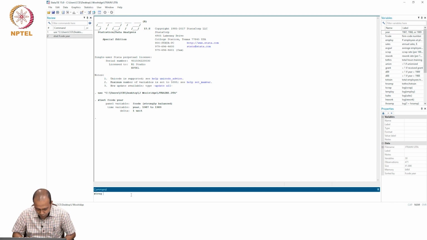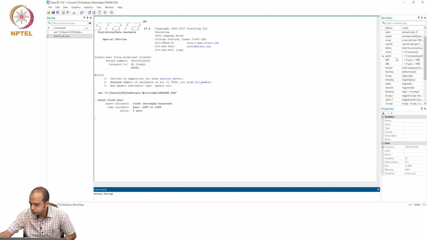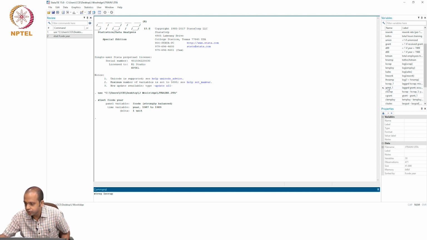xtreg, then you have your dependent variable, that is lscrap, right, lscrap, and then you have to put grant. Where is the grant?